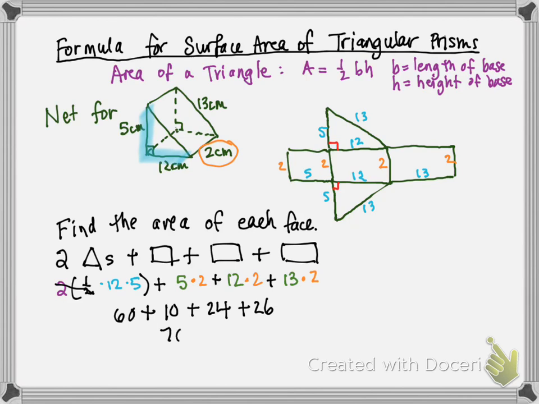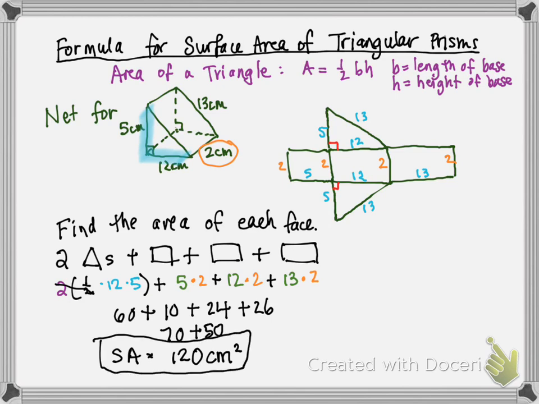I've got 70, and 24 and 26 is 50, and that gives me a grand total of 120. Now I do have dimensions, and because this is area, it's going to be squared. So the answer is 120 square centimeters.